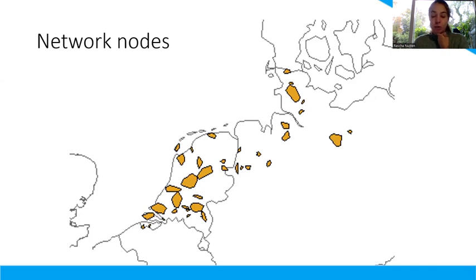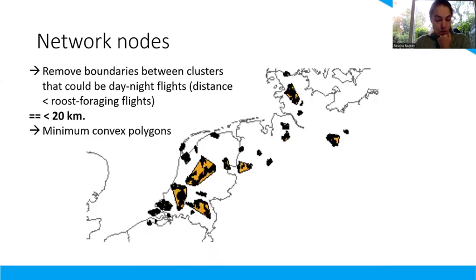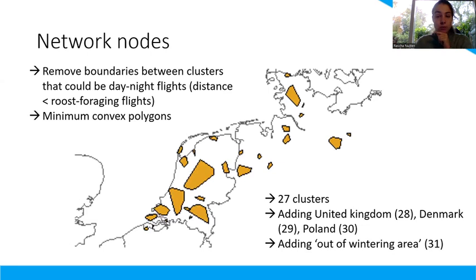We did not want to confuse roost and forage sites with actual nodes of the network, which is why we removed the boundaries between clusters that were less than 20 kilometers apart. By doing this, we reduced the number of network nodes from 40 to 27. And before I forget to mention, we created the clusters based on a minimum convex polygon surrounding the observations included in that cluster, as you can see visualized in this map as well.